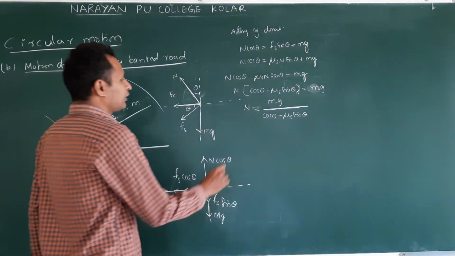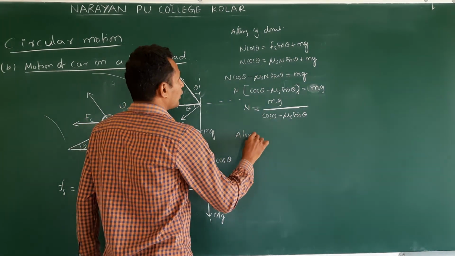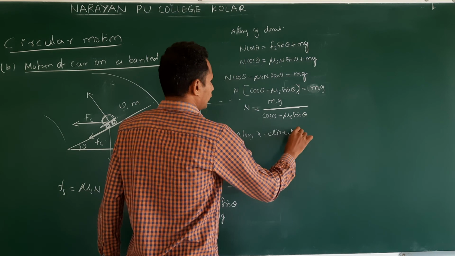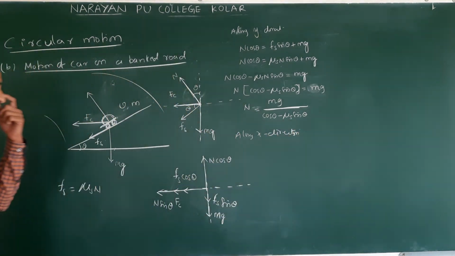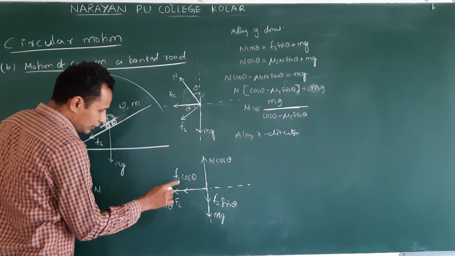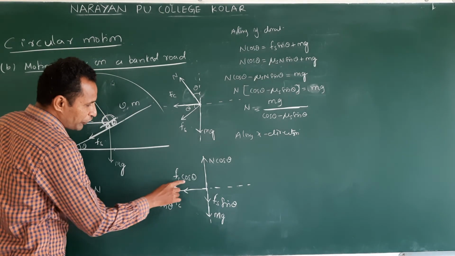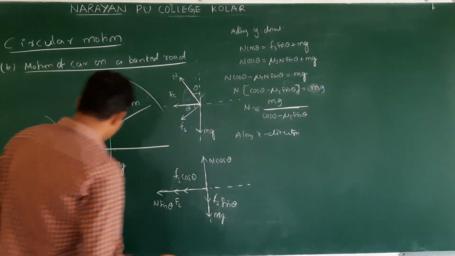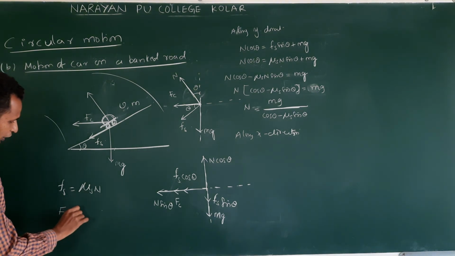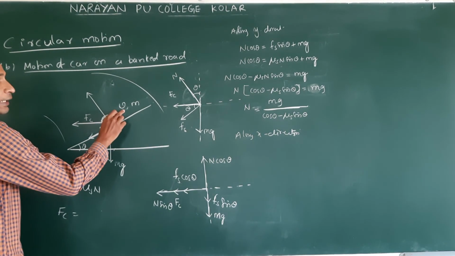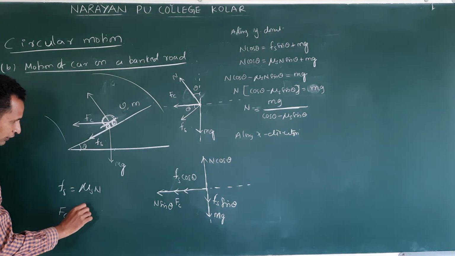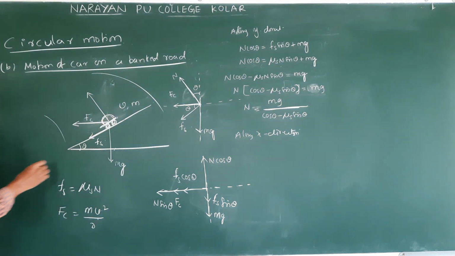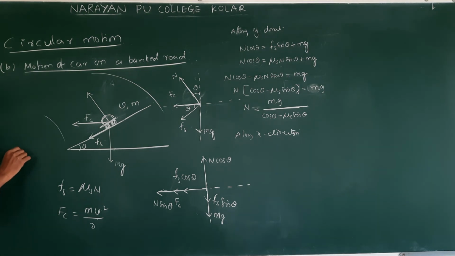Next I am taking along the x direction. Who is providing the centripetal force? This Fc is provided by Fs cos theta and N sin theta. So what is Fc? Centripetal force formula. What is the velocity of the vehicle? V. Then this is m v square by r. For this curved path, the center will be here.